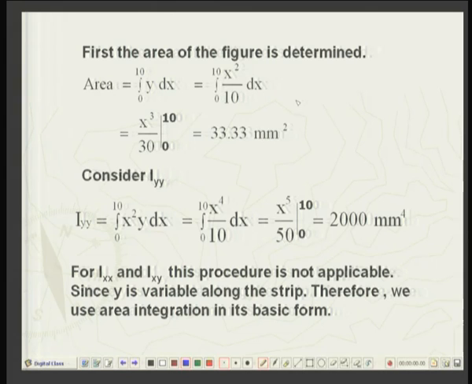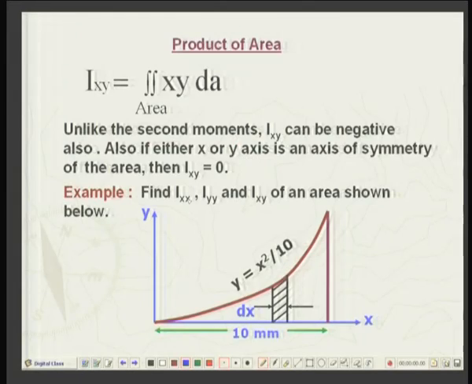Now, we will consider Iyy, that is the second moment about the y axis. So, we will again have dA as y into dx into the distance from the y axis, that is the x coordinate, and this x coordinate is uniform, same for all the height of this strip.